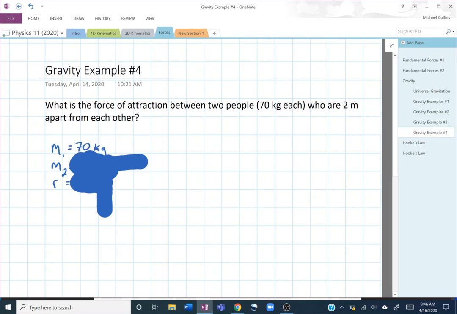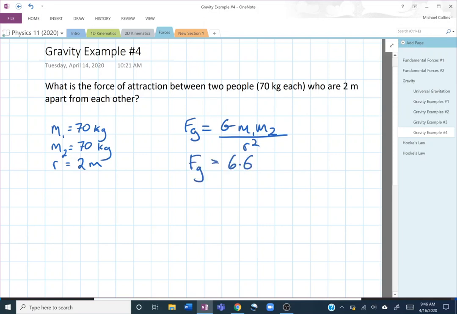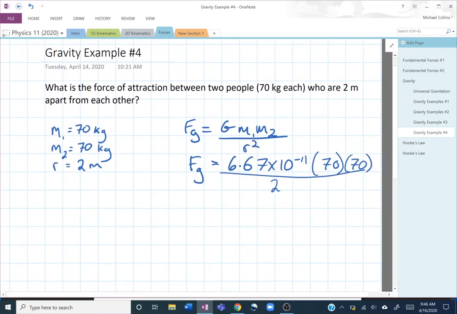So I've got my two masses, which is m1, 70 kilograms, m2, 70 kilograms, and they're 2 meters apart, because we're not supposed to get closer than 2 meters to each other right now, so we're going to stay our 2 meters apart, which means if we plug this into our equation, Fg is G m1 m2 over r squared, so my Fg is going to be our 6.67 times 10 to the negative 11 times 70 times 70 divided by 2 squared.